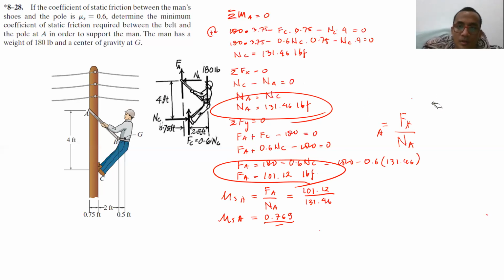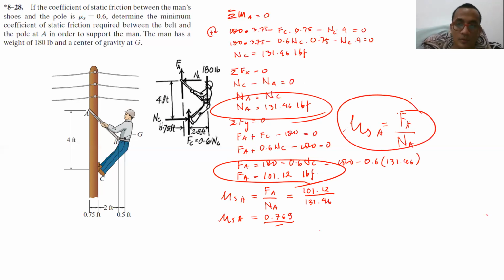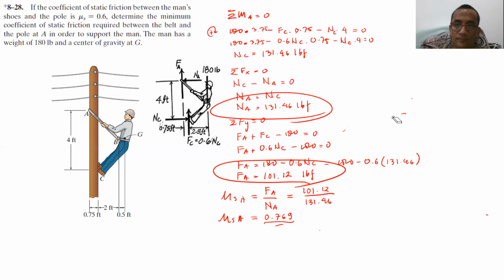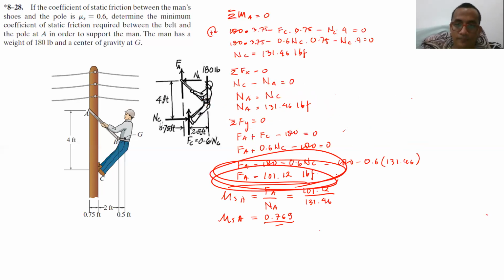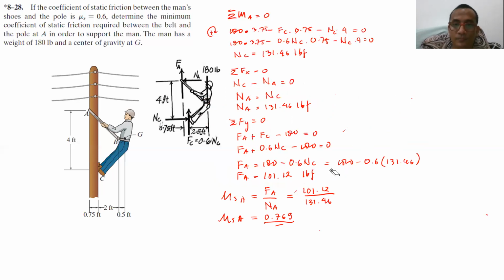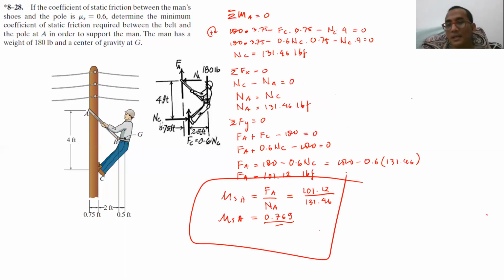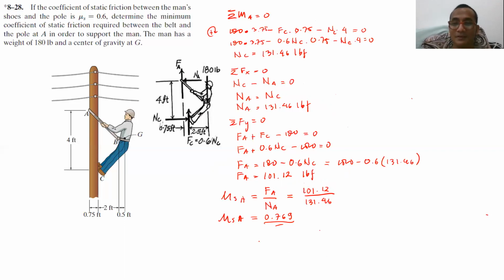And remember, we already got both values from the previous calculation. This is our NA, and this is our Fa. That's why we can calculate mu s at point A: Fa divided by NA, and the value is 0.769, decimal. And this is the answer that we need.